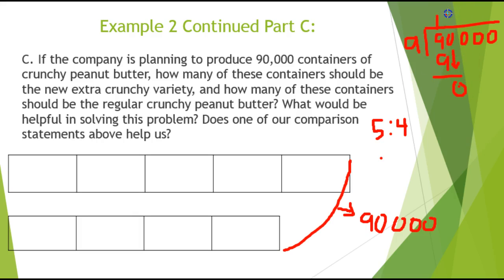9 into 0 goes 0 times. 0 times 9 is 0. I subtract. I bring down.